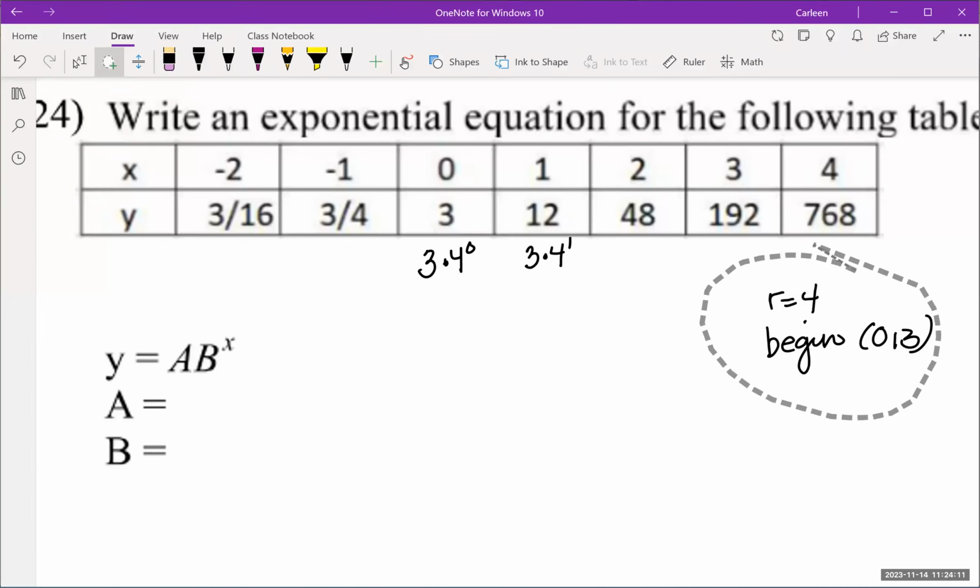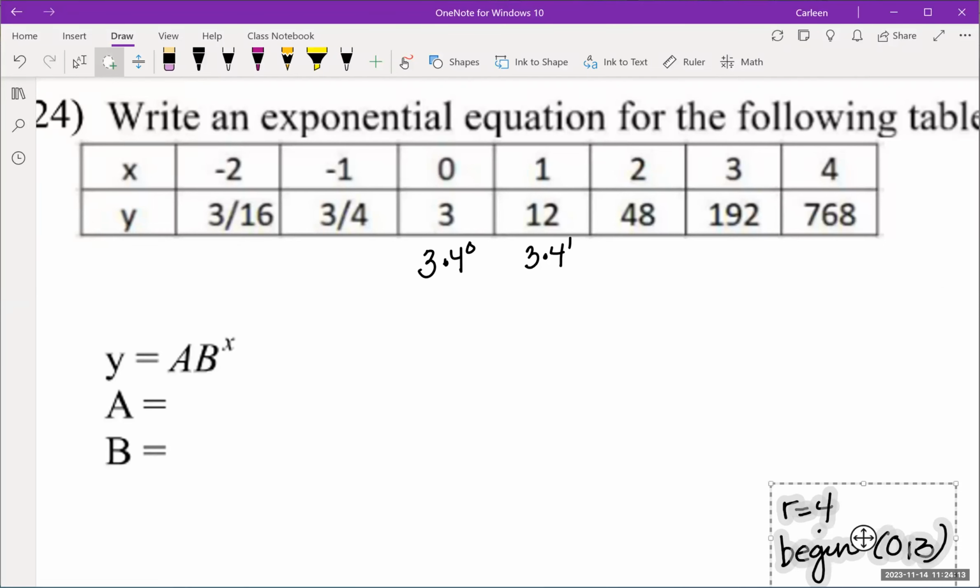Okay, let me get rid of this. Is this 3 times 4 again? Do we agree? Because I took 3 times 4 and I multiplied by 4. Let's try it. 3 times 4 times 4. 48. Does everyone see where I got that?